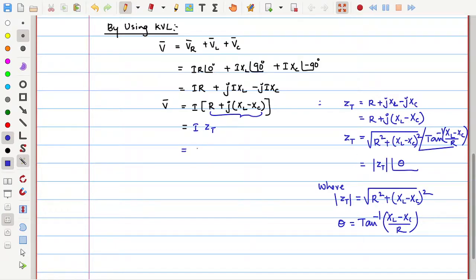So I will write this as I mod ZT at an angle of theta. So this is the total voltage across the entire RLC combination.